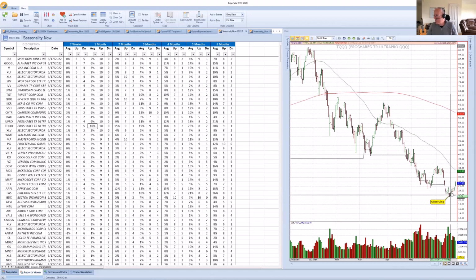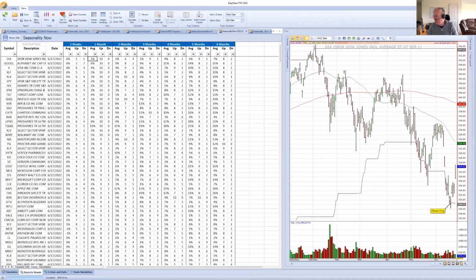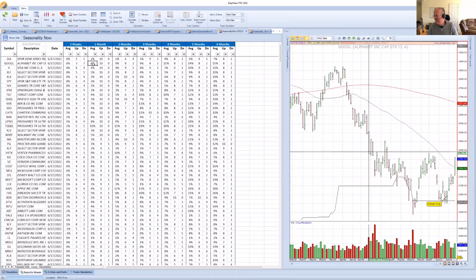So then you can see what happened last week. Admittedly, last week was an up week for most stocks, but it's an interesting way to see whether the seasonality played out for your complete list of stocks.